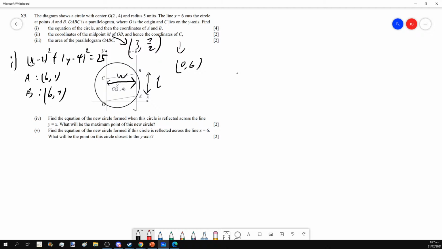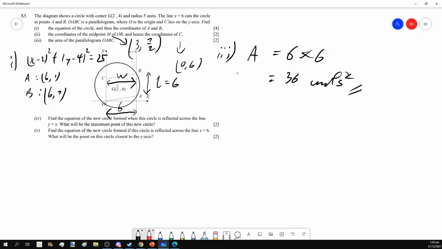In other words, the distance between this x equals to 6 vertical line and the y-axis must be 6 units. That will be the width. And as for the length, we already know that A is at y equals to 1, right? And B is at y equals to 7. And therefore, the distance between them must be 6. So you could actually just say that the area will be 6 times 6 equals to 36 square units.